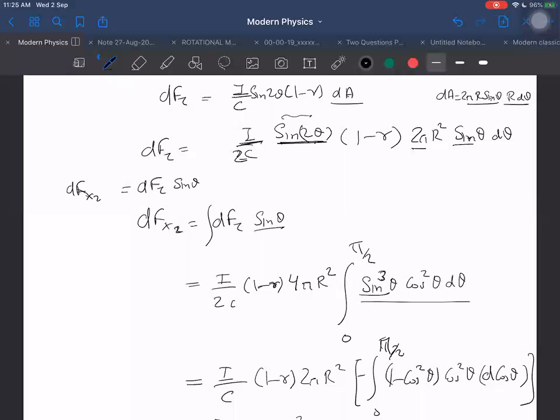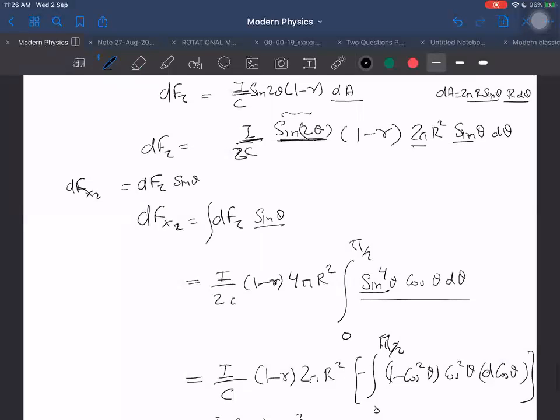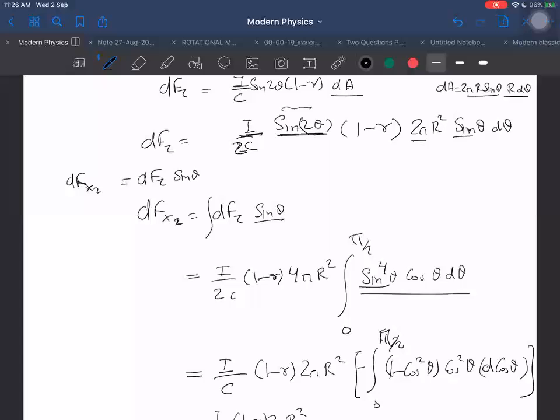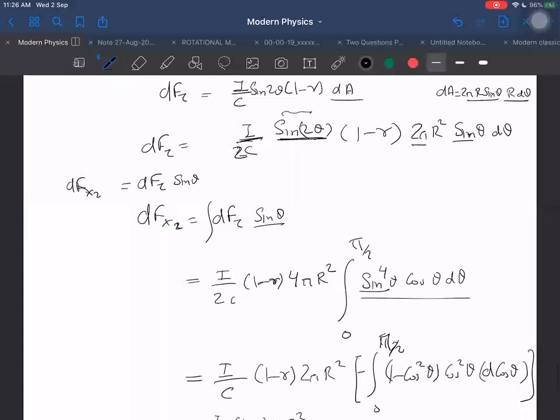Now let us see what we get. How many terms will there be? The first term is the same as before, with (1 minus r). Then I should write sin to the power 4 theta and cos theta. Right or not? No, sin cube only. Let me check once again.